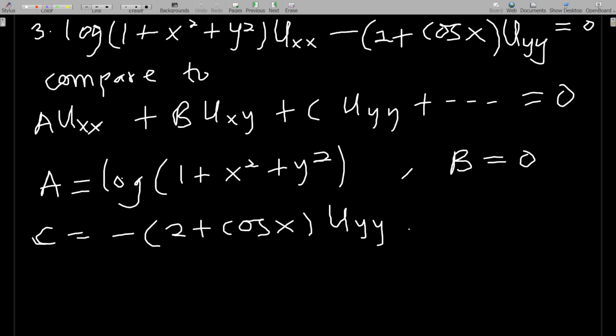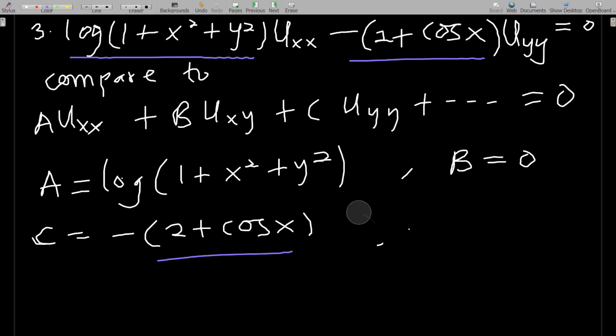With this particular one, we have only two terms present here, but when you compare it to the general one, you realize that the whole of this coefficient, which is log of the expression 1 plus x squared plus y squared, will be our a, and then the negative of the whole expression 2 plus cos x will be our c. I think there shouldn't be any u_yy here. I hope you understand this.